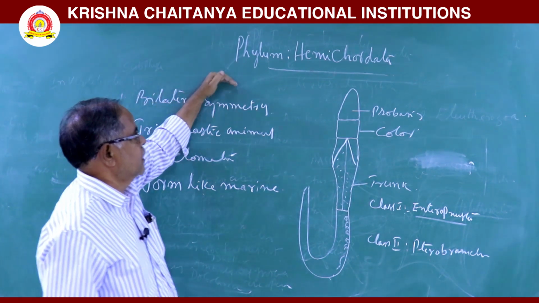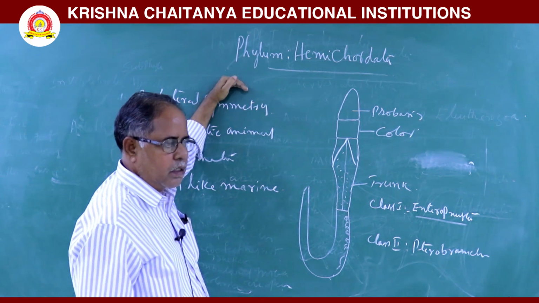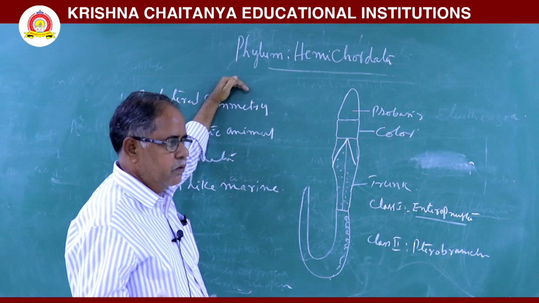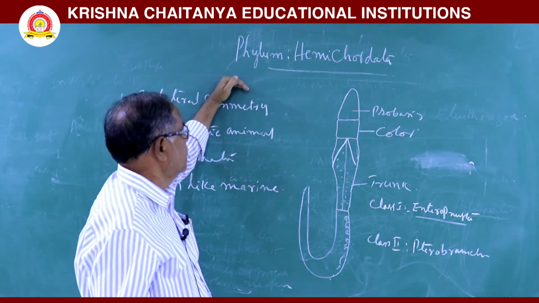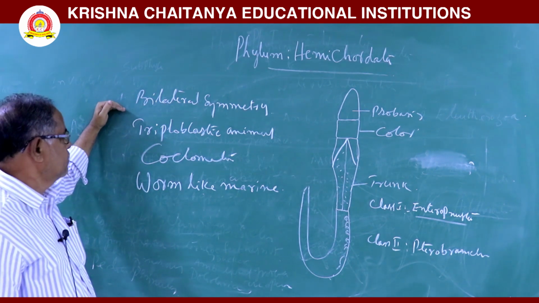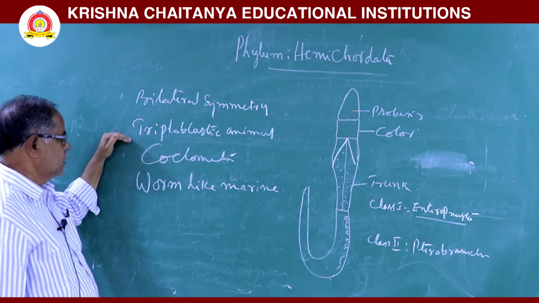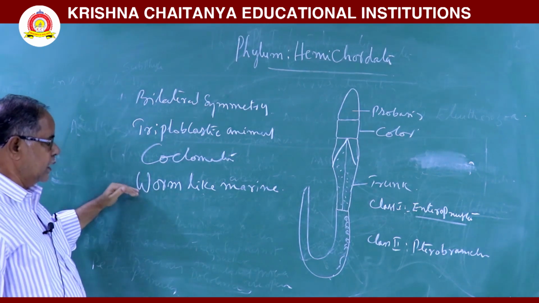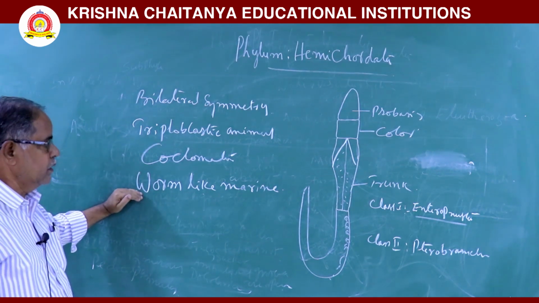That phylum is called Hemichordata. Hemichordata means they have half chordate characters, half invertebrate characters. Next, they are bilaterally symmetrical animals, they are triploblastic animals, they are coelomates, they are worm-like marine animals.